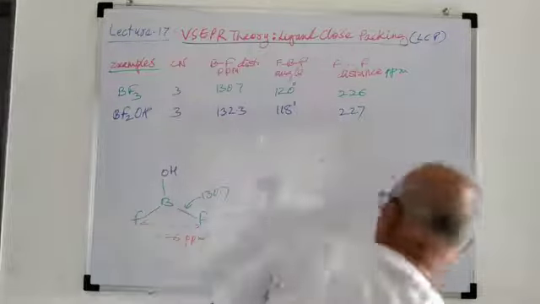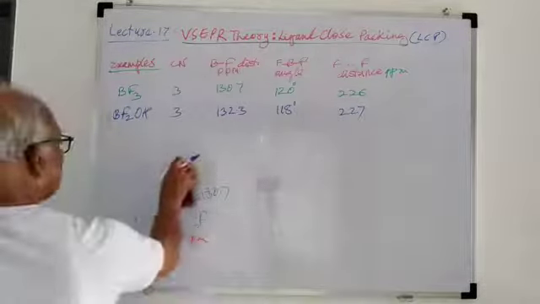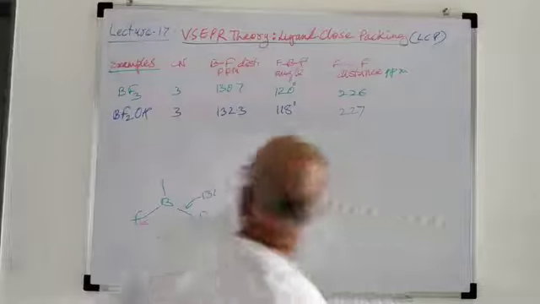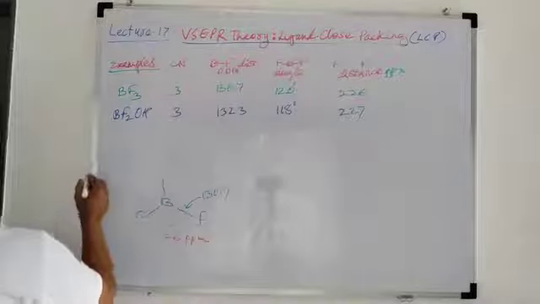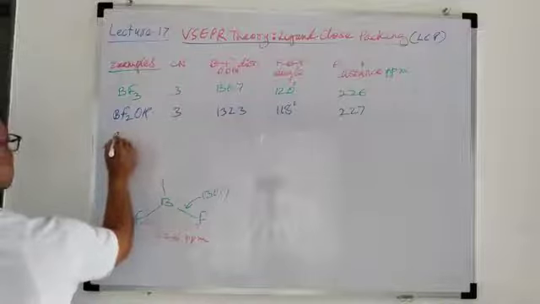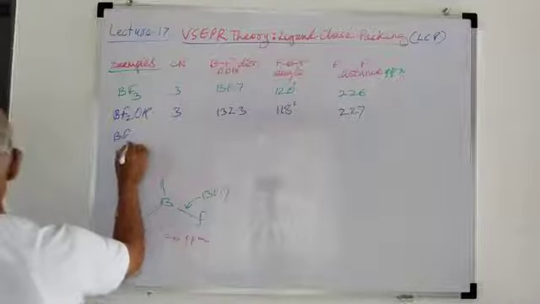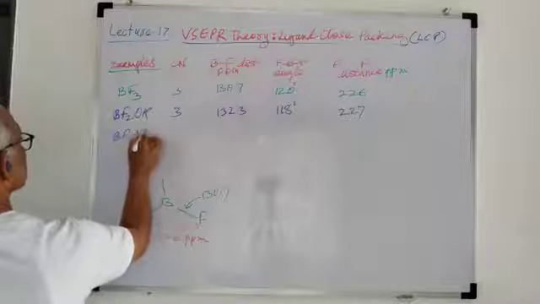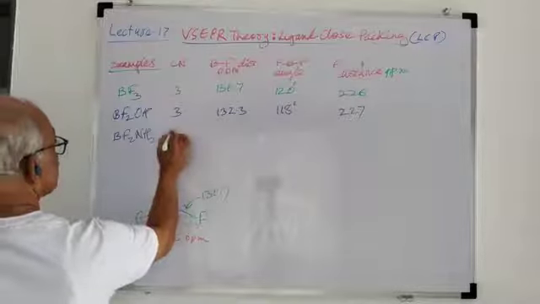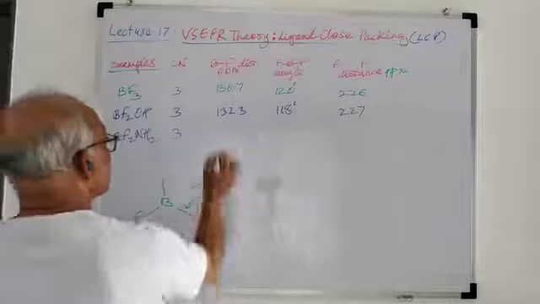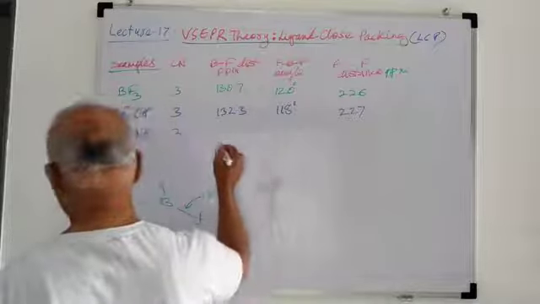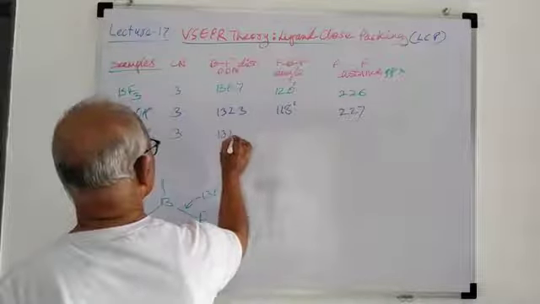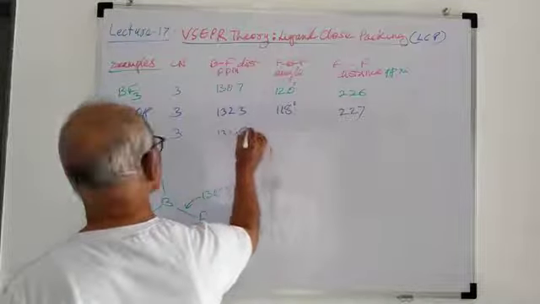Now in the third molecule, if we replace this OH by NH2, BF2NH2, the coordination number is the same. The BF distance changes, it becomes 132.5.